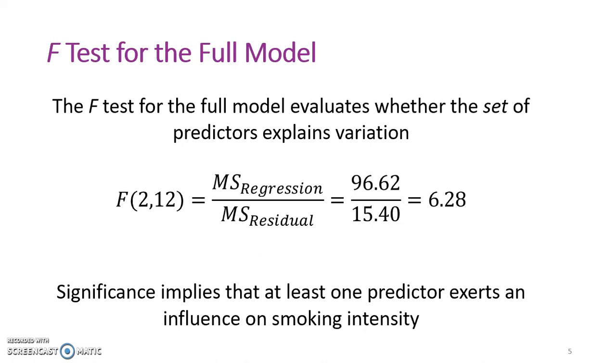And the F statistic is equal to the mean square regression divided by the mean square residual. And here that F statistic is 6.28 for the smoking example. The F statistic is significant, and the significance implies that at least one predictor exerts an influence on smoking intensity. So either stress or years of smoking is influencing smoking intensity in some way.